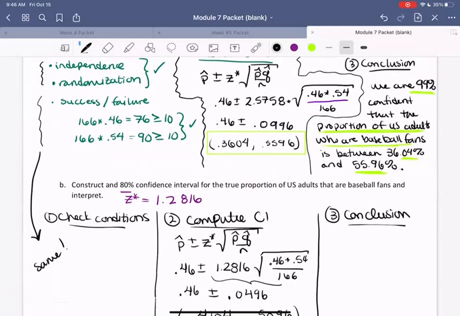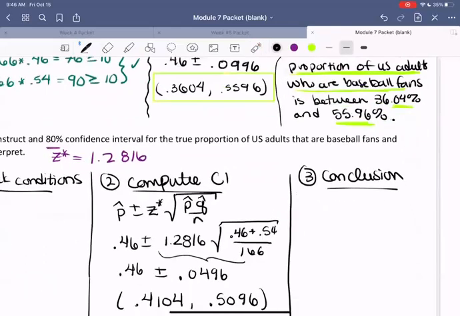All right, so the only thing we need to change from our previous conclusion is now we're 80% confident, still regarding the proportion of US adults who are baseball fans, but now we're just having a different interval in which we are confident to find that proportion. So we can write it out.